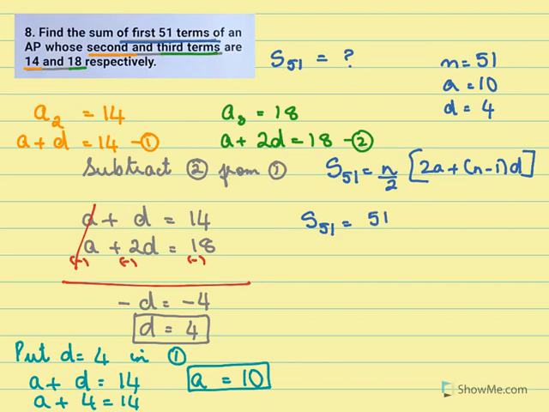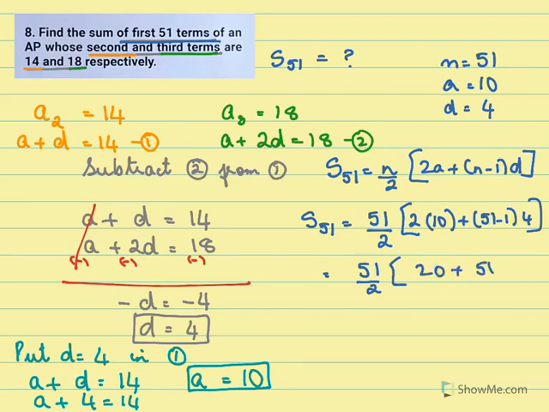So n is 51 over 2, 2, we know a was 10. Number of terms here are 51 minus 1 and d is 4. So we have 51 over 2, 20 plus 50 into 4.